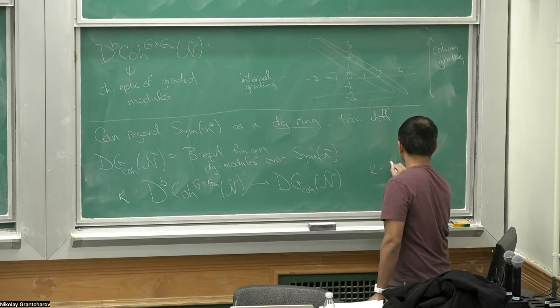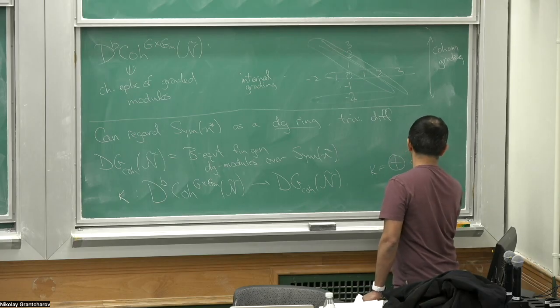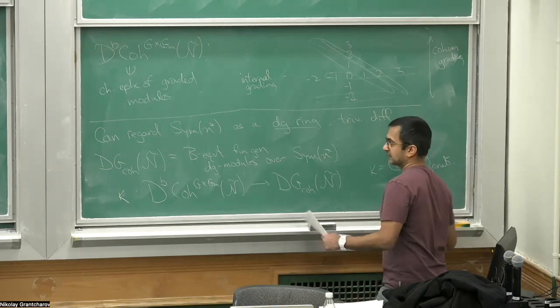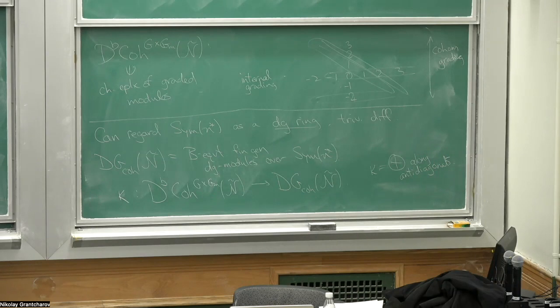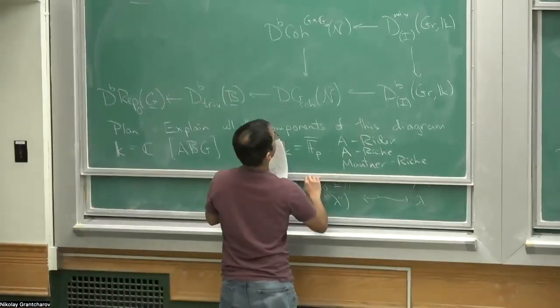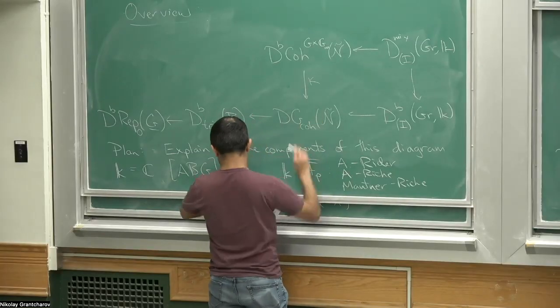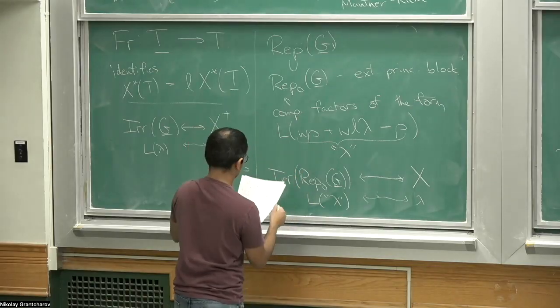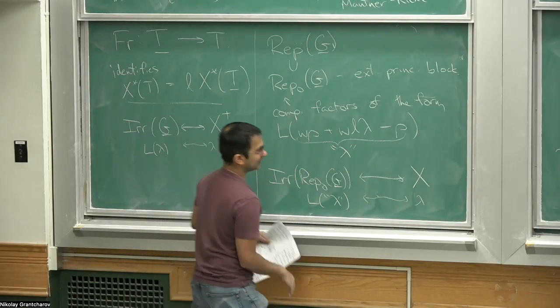Kappa equals sum along antidiagonals. Okay. So I'm not going to erase this, but I'm just going to label this arrow kappa.